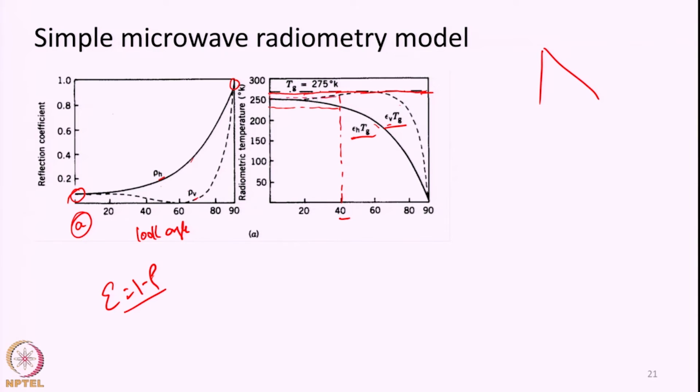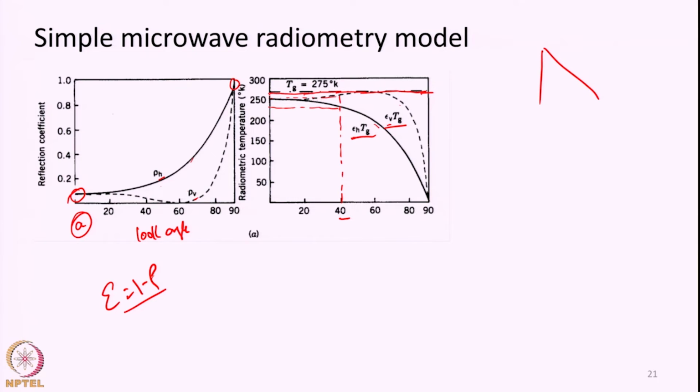This suggests that the same surface at a given temperature will produce a completely different brightness temperature when looked at from different angles or polarizations, and the effect of polarization and look angle on emissivity is pretty strong. It will vary a lot with the angle in which we look and the polarization in which we observe.